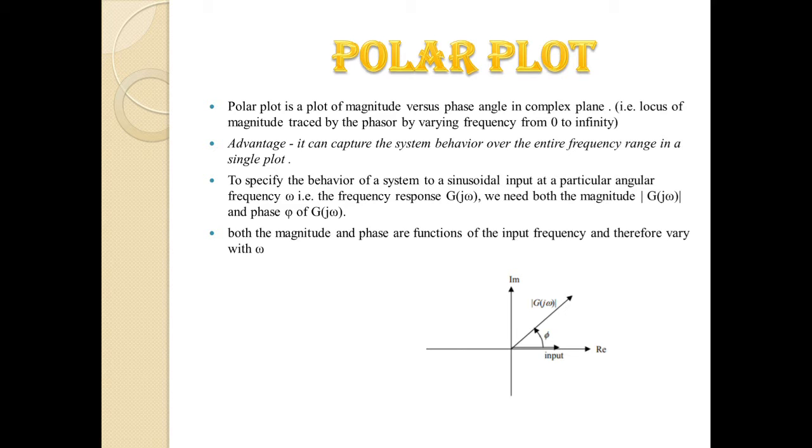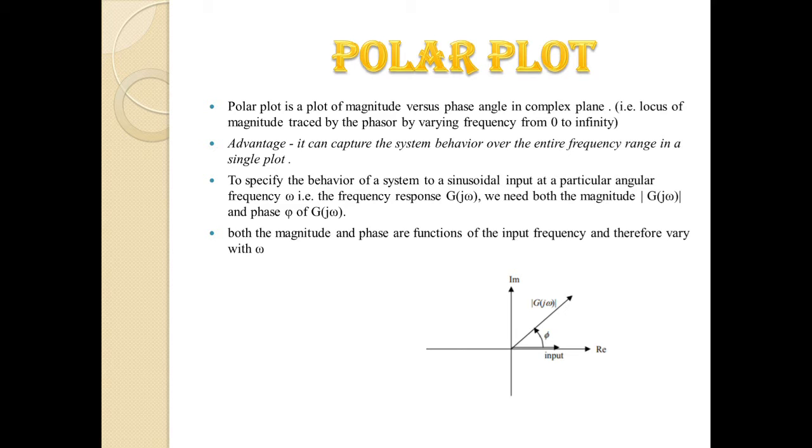So, to specify the behavior of the system for a sinusoidal input at a particular angular frequency omega, we use the frequency response G(j omega). Both magnitude and phase are functions of the input frequency, and therefore, when we vary omega, both magnitude and phase angle vary respectively.